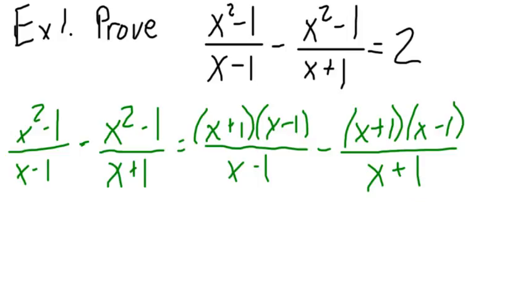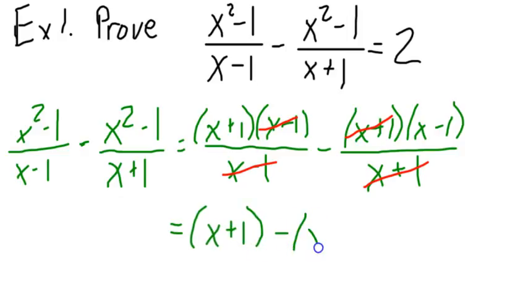Looking at both these fractions, we can see things will simplify. We have x minus 1 divided by x minus 1, which is just 1, and x plus 1 divided by x plus 1, which will simplify down to 1. So that all simplifies down to x plus 1 minus the quantity x minus 1.